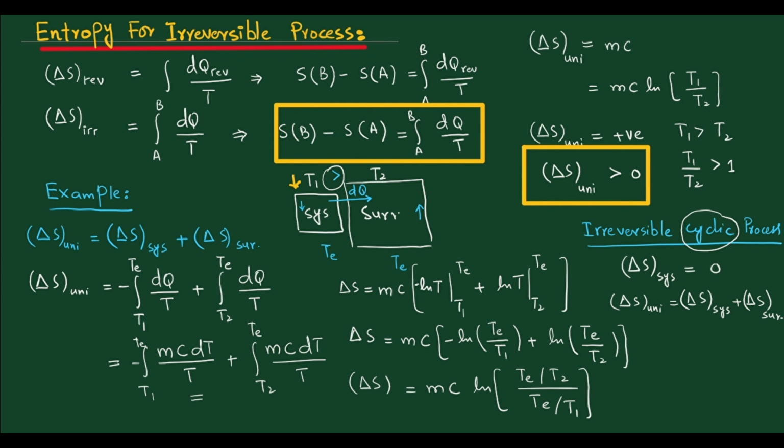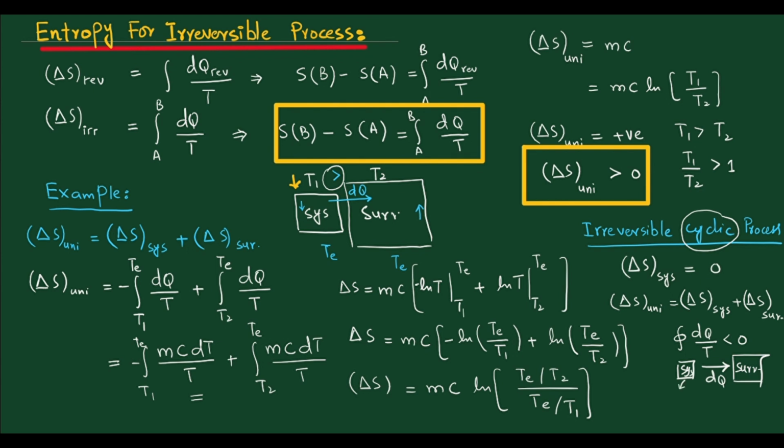According to the Clausius theorem, for an irreversible cyclic process the closed integral of dq over capital T is less than 0, which means that some heat flows from the system to the surrounding. For example, this is the system, and from the system to the surrounding some heat dq travels.